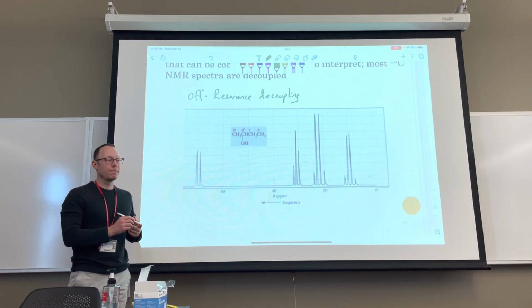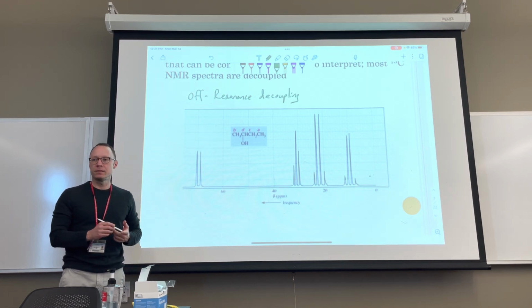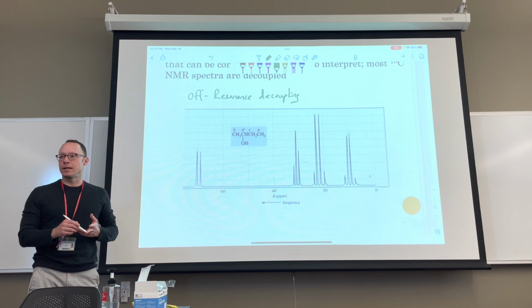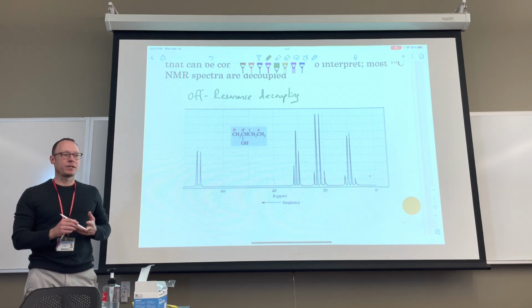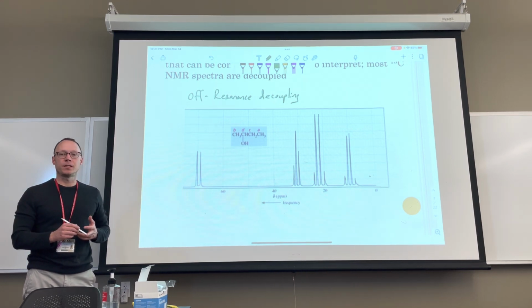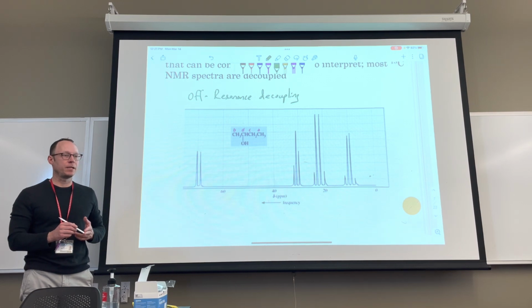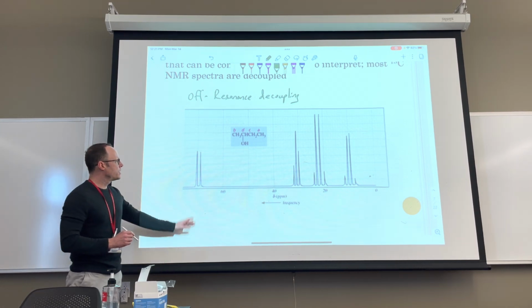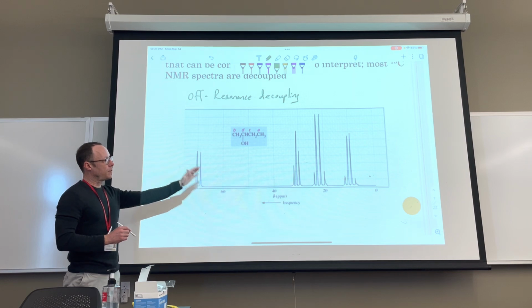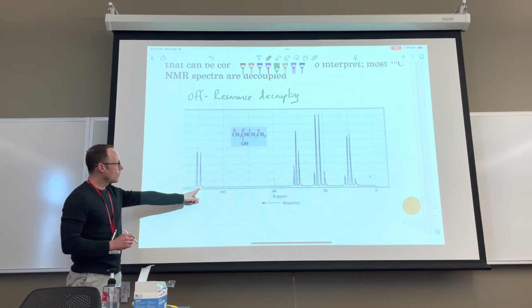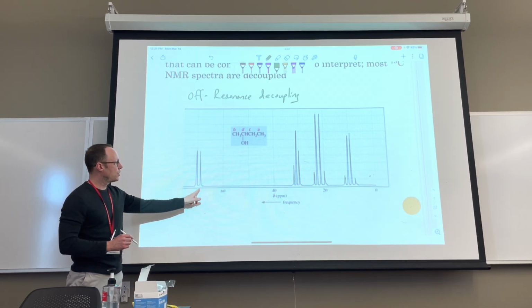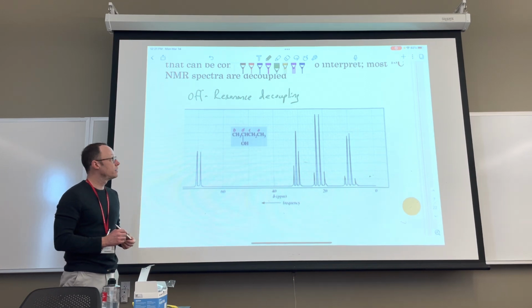Number one is obviously the splitting pattern. Number two is the chemical shift. Remember, the same things affecting chemical shift in proton NMR are going to affect chemical shift in carbon NMR. So let's just start, we'll go downfield to upfield. Which carbon is this peak representing?